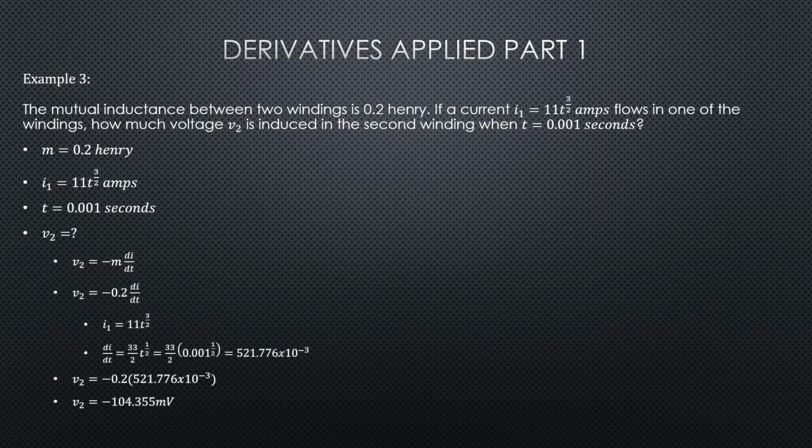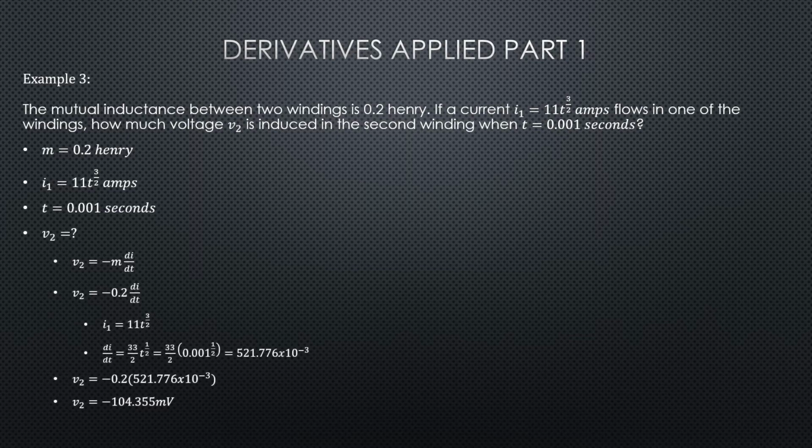So we know that the mutual inductance between the two windings is 0.2 henries. We've got a formula for I, and the question is asking how much is the induced voltage V2 after 0.001 seconds. So we find the formula V2 is equal to negative M di/dt.